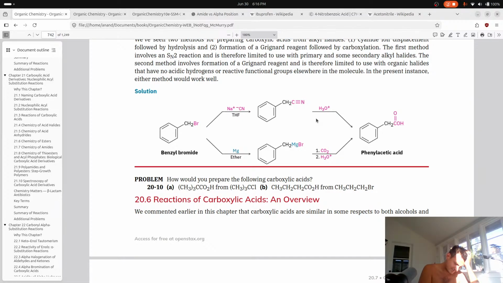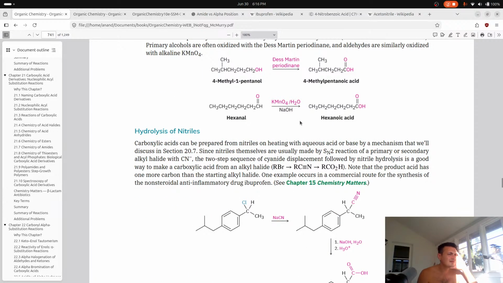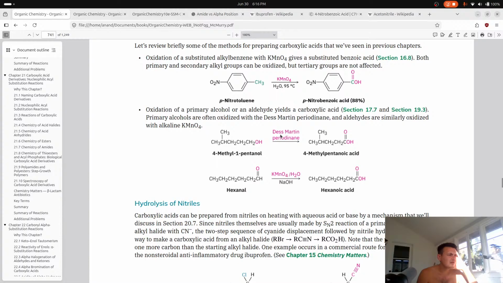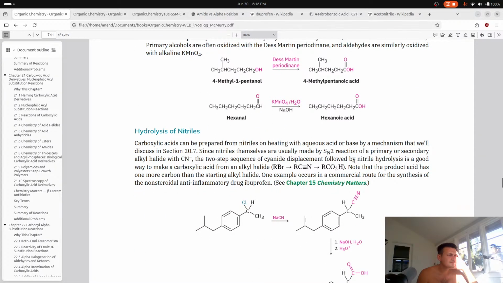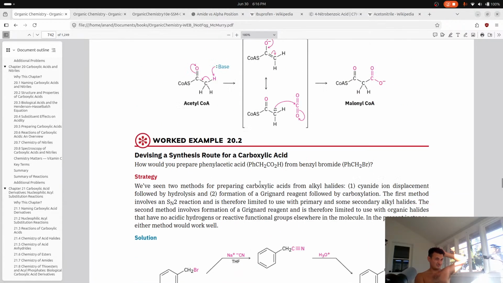And apparently, acid hydrolyzes the nitrile to a carboxylic acid. They didn't really explain that though. Oh yeah, because they're gonna go over it. Okay. Yeah, chemistry of nitriles. All right.